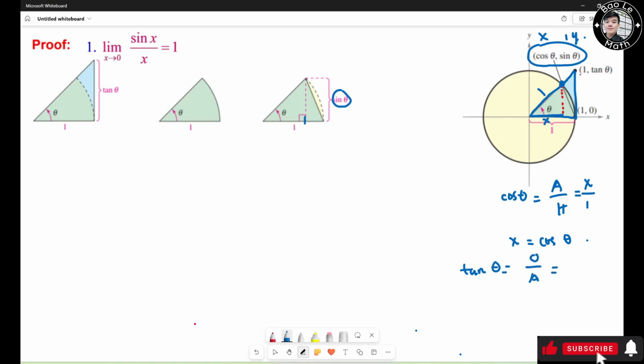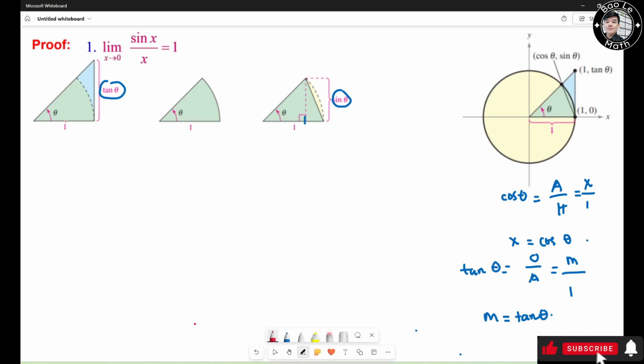Opposite in this situation, this side right here, I call m. So it's m over adjacent, which means the radius right here, which is 1. So m equals tangent theta. So the height right here is tangent, which means the y value of this coordinate, because the s value equals 1 right here. That's why you have tangent theta right here.